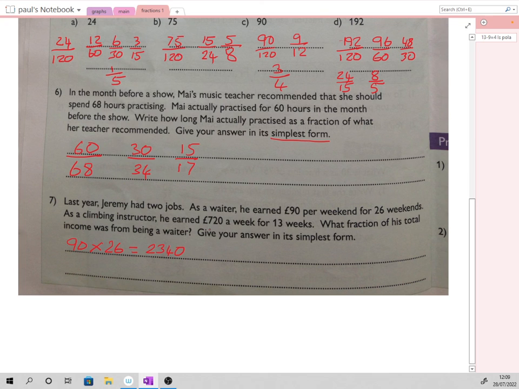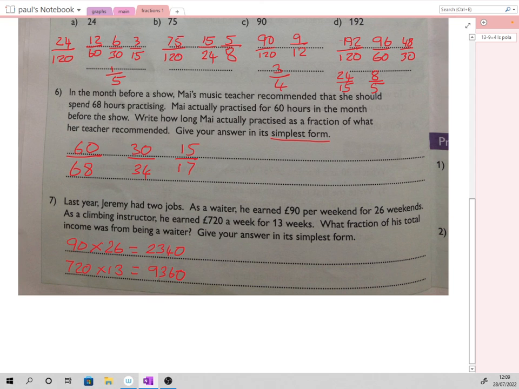As a climbing instructor, he earned £720 times 13 weeks, which is 9360. So what fraction of his total income was being a waiter?